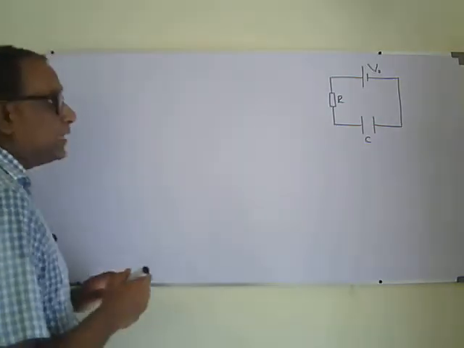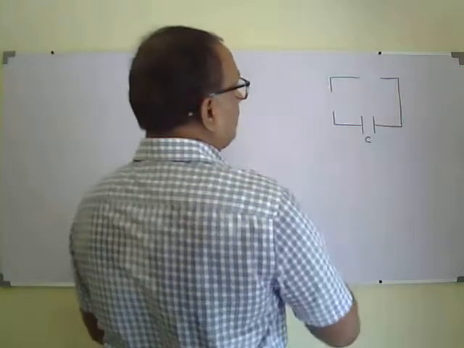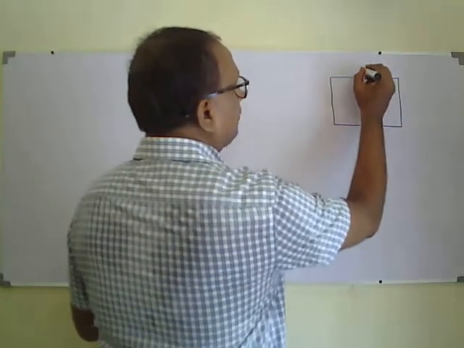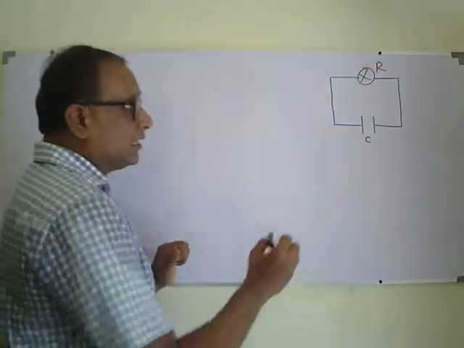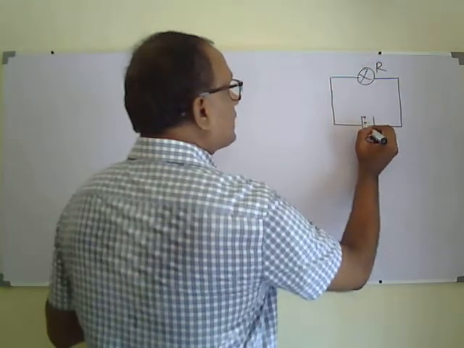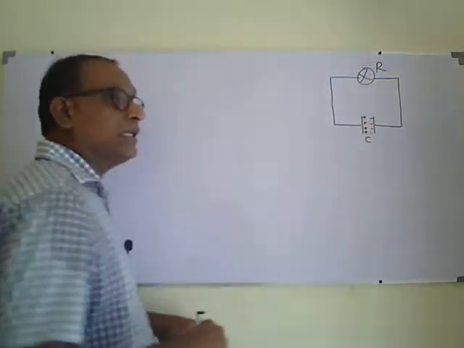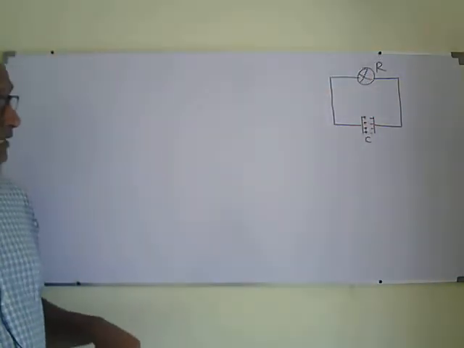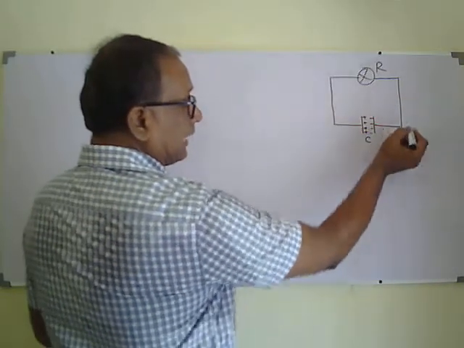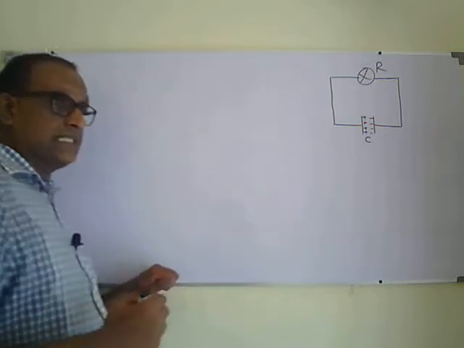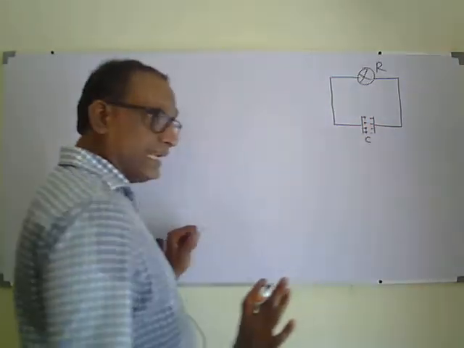So when the terminals of a capacitor are connected to a component, maybe a bulb or whatever it is, a component which has resistance R, the charge of the capacitor will flow from the negative terminal to the positive terminal through the external circuit, or the current will flow from the positive terminal to the negative terminal through the external circuit. So during that time, the charge of the capacitor will decrease.